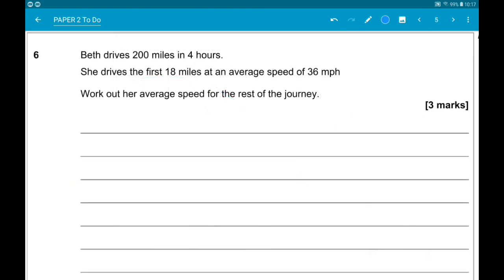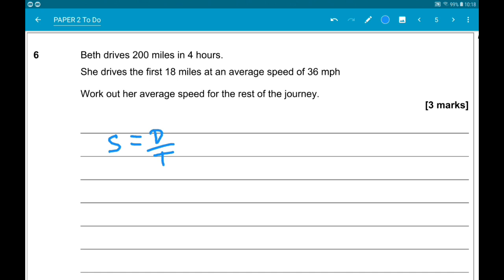Okay, number 6. Beth drives 200 miles in 4 hours. She drives the first 18 minutes at an average speed of 36 miles per hour. Work out her average speed for the rest of the journey. Okay, so speed is equal to distance over time. Now for the first part of her journey, we need to work out how long that took.